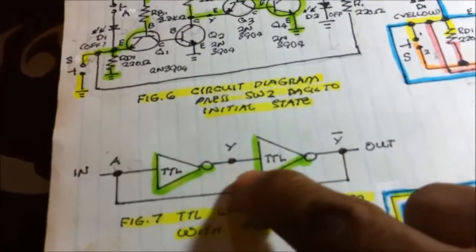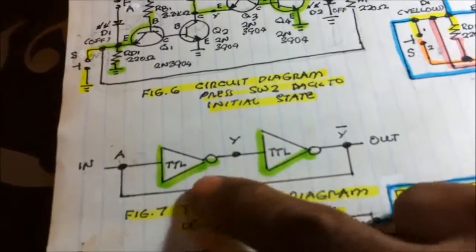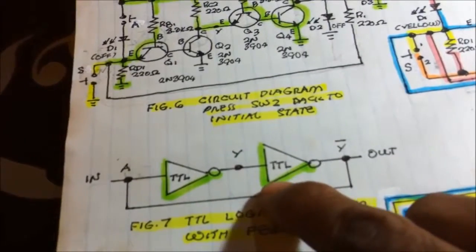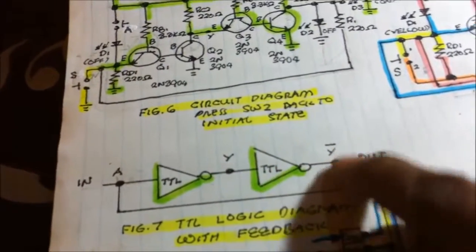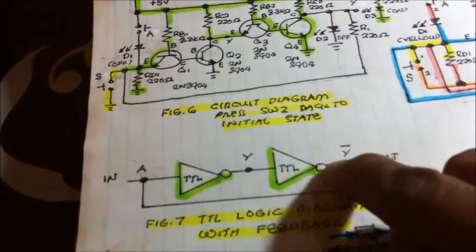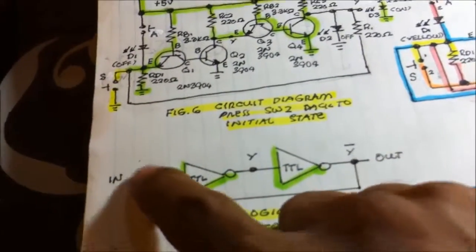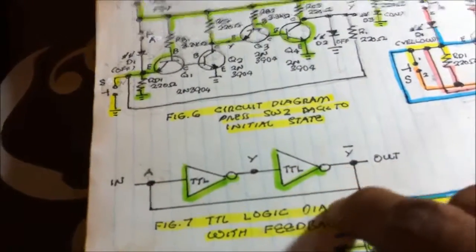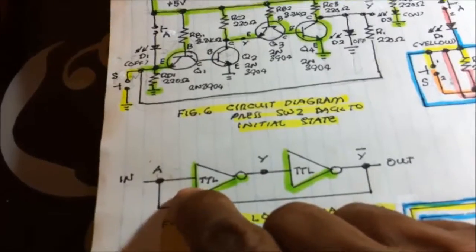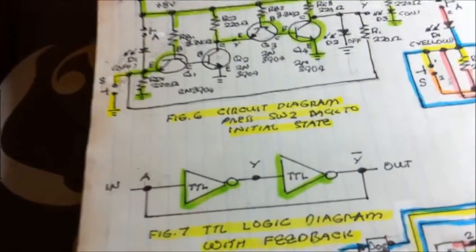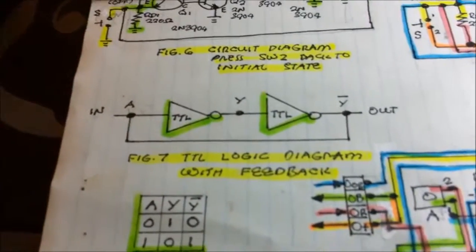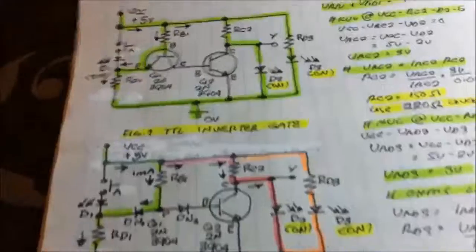We have two inverters connected in series or cascaded like this using TTL logic technology, and we're going to make a feedback loop here from the output of the second inverter going to the input of the first inverter. And let us now see the design of the circuit.